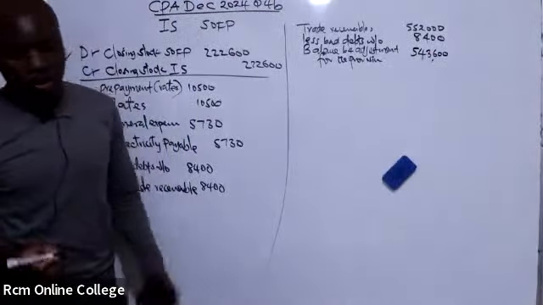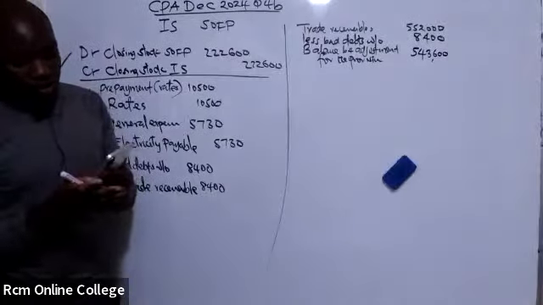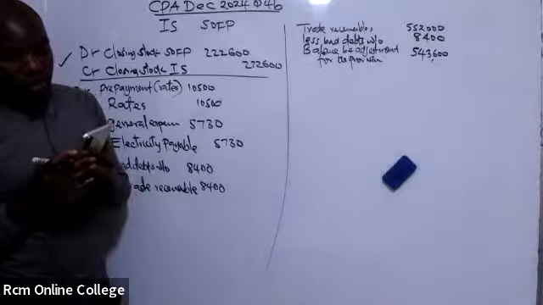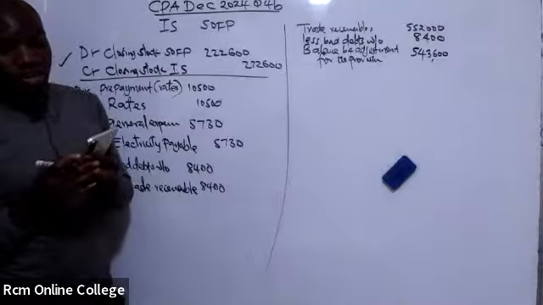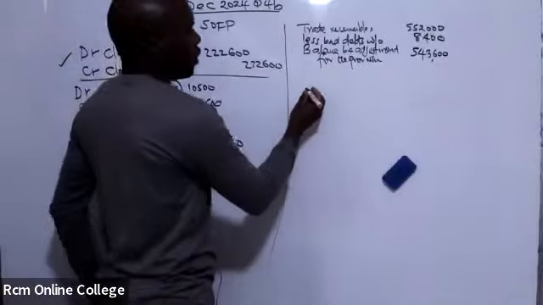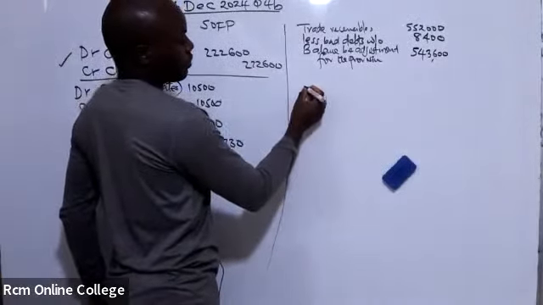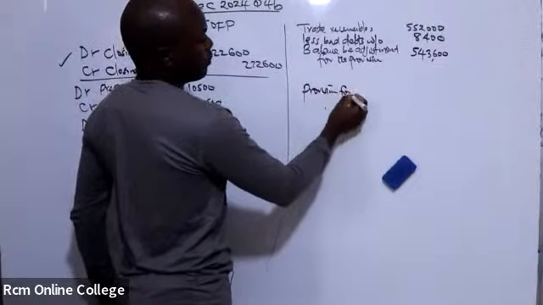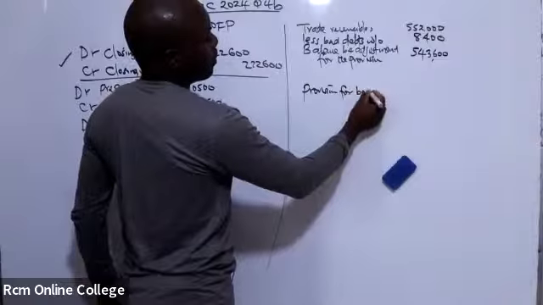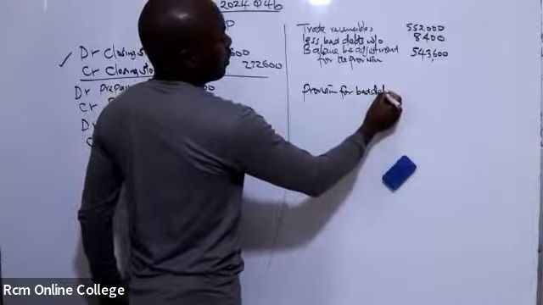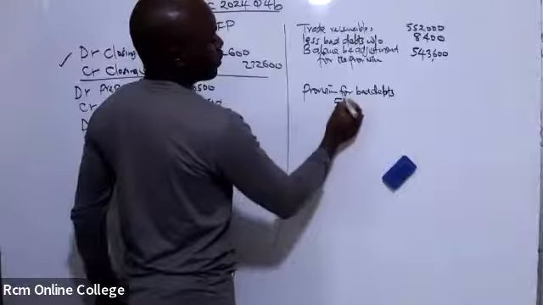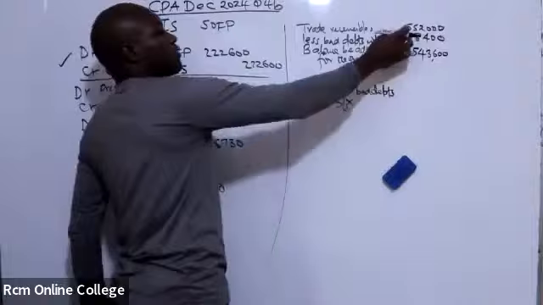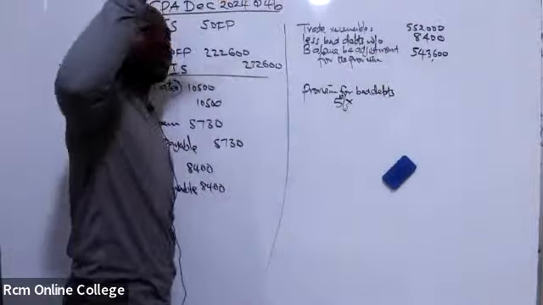Yes. Now we have been told how much is the provision. We are told under information number 5 that 5% allowance for doubtful debt is to be made on the remaining trade receivables, right? So, provision for bad debts is 5% of the closing. Don't make the mistake of taking 5% of 552,000. We have to check first of all the additional information.